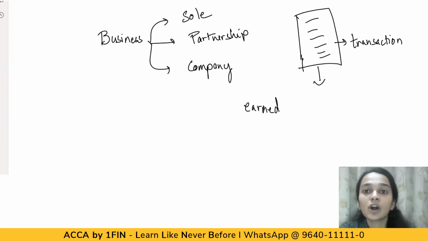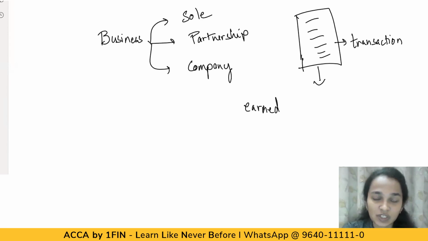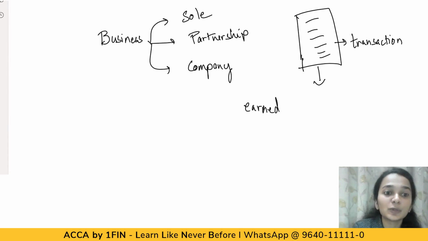Now, recording of transactions also has to happen in a systematic form. Proper accounts are to be made. So that's where accounting comes into the picture, wherein everything happening in the business is recorded, and at the year end there are two specific statements which are made.